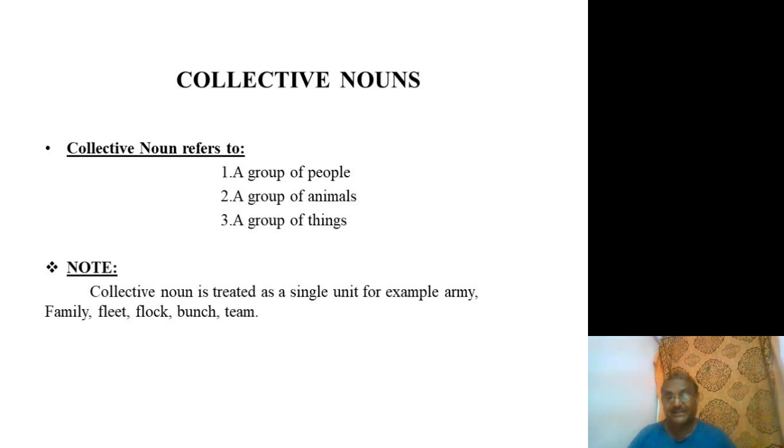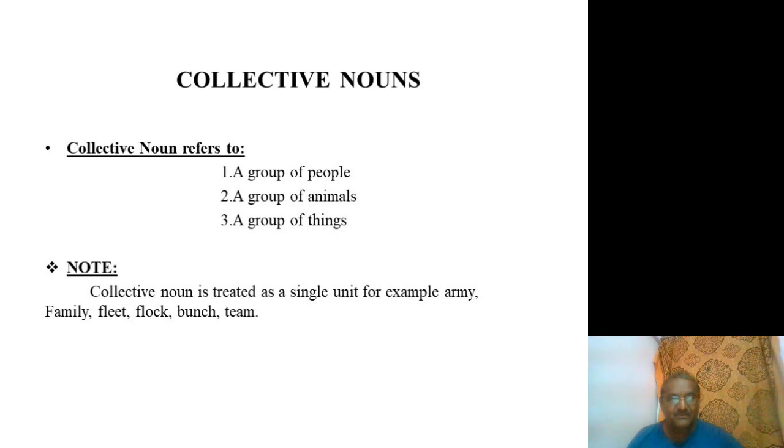But as a whole, the entire unit is treated as single. Fleet of ships. There may be a number of ships, but you see fleet. Flock of birds, that is a single unit, flock.